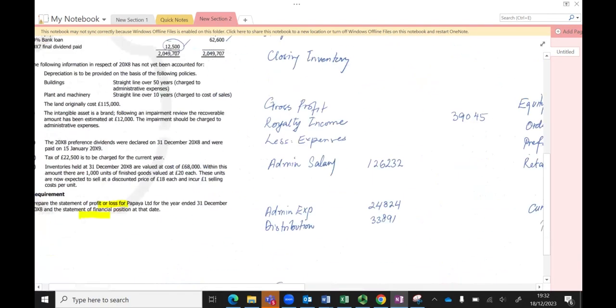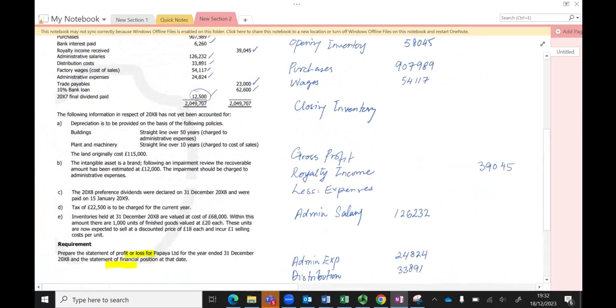Now I have picked up all the figures from the trial balance. Moving on to the notes to the accounts. Depreciation is to be provided on the basis of the following policies. Building, straight line over 50 years. So the cost of building should be split over 50 years.